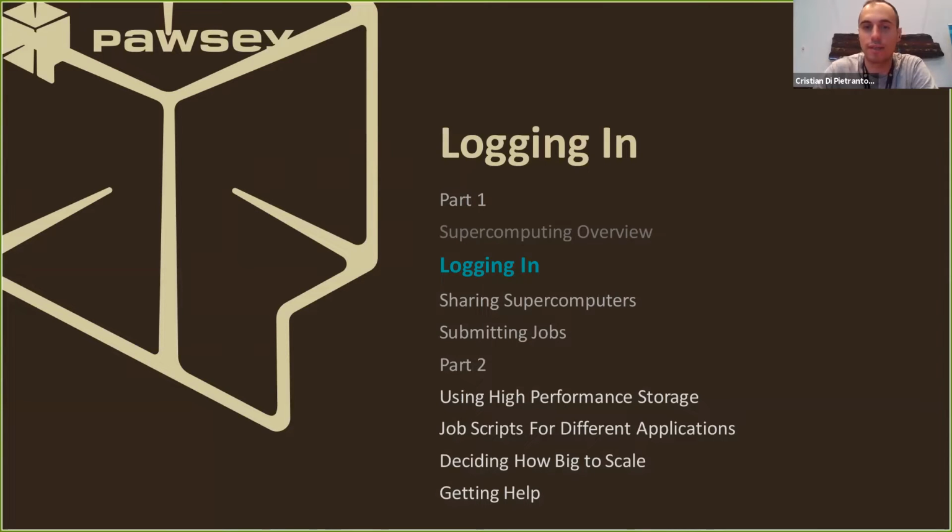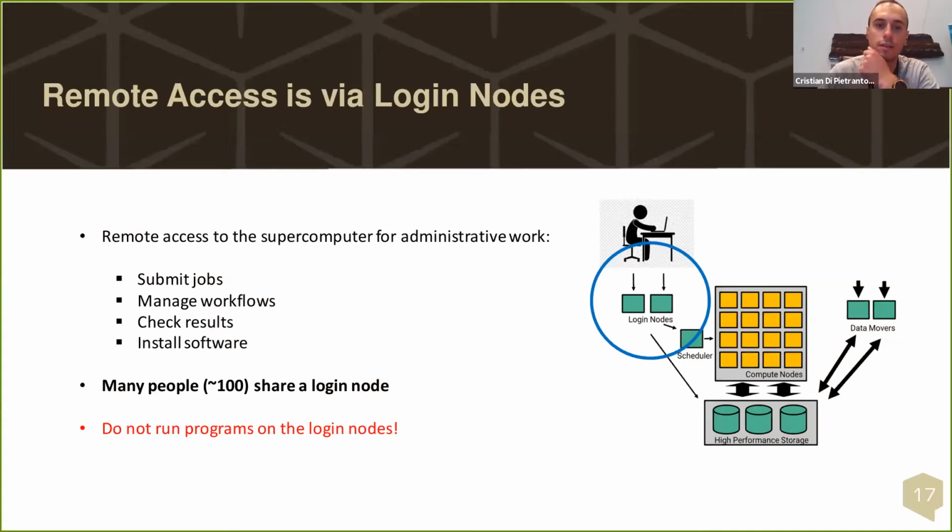We have seen that already, but we're going through it again. You connect to a supercomputer through the login node. The login node must be used to perform administrative work, such as preparing your program for execution, managing your workflows, checking the results, installing software, writing scripts, and so on.